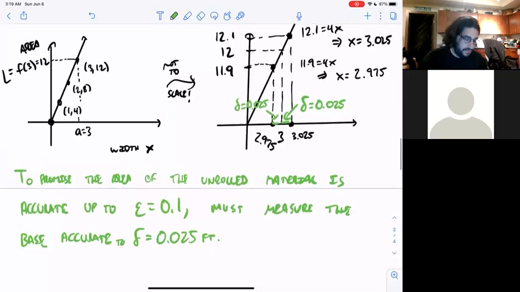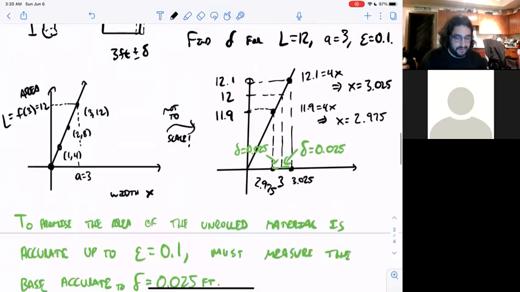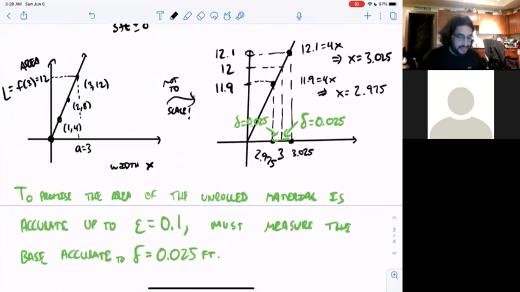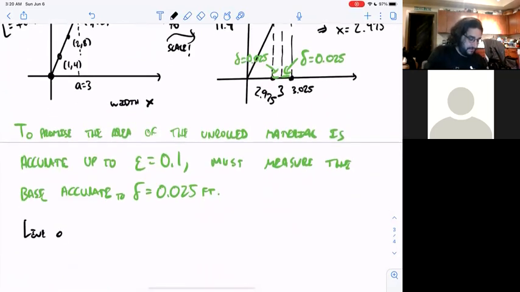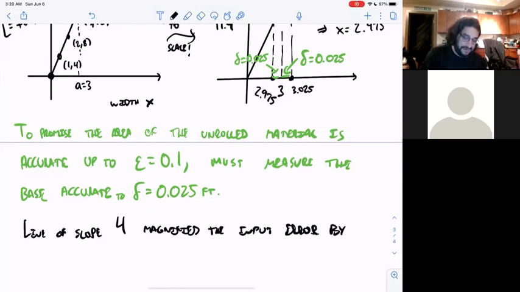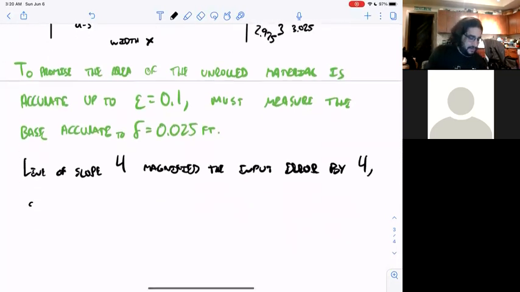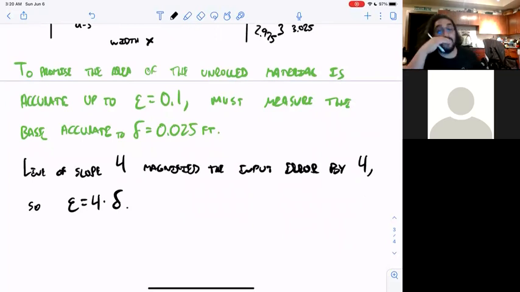So that's our conclusion here, right? Now there's a nice takeaway from this. Notice what happened. We had a line that was slope 4, right? So the line of slope 4, what did it do? It magnified the input error by 4, right? So that's why epsilon, in this case, was exactly 4 times delta, because the error in the input got quadrupled in the output because the line was going up in slope 4.